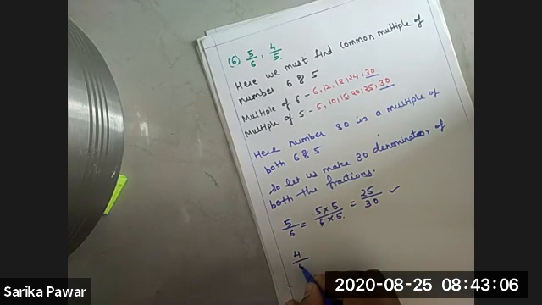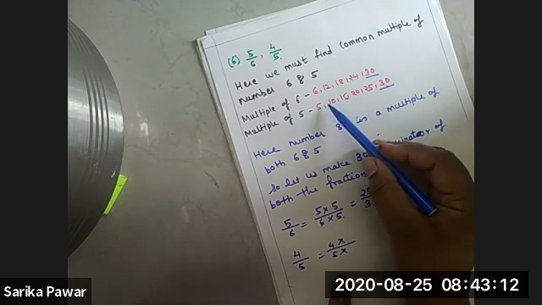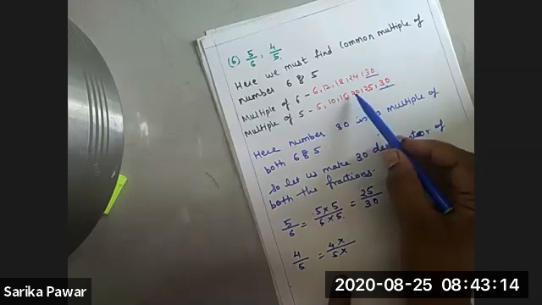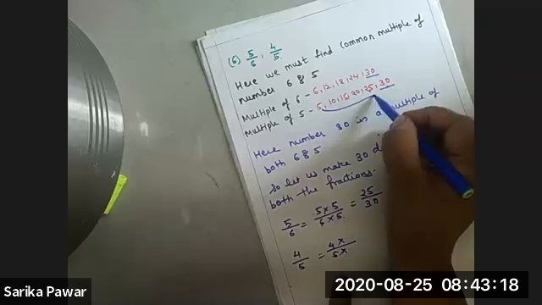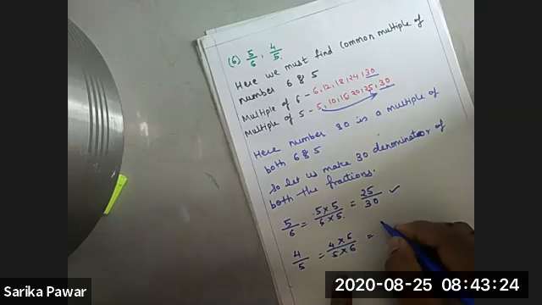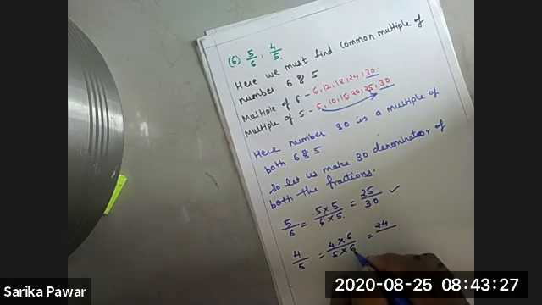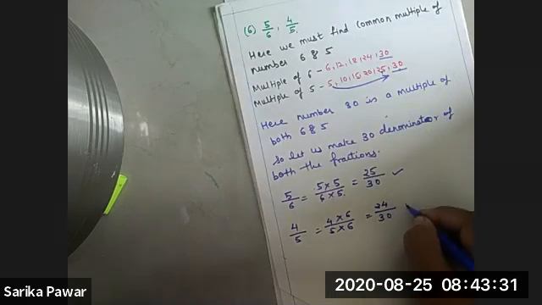Second one, 4 upon 5. Tell me here which number you will be multiplying? 5 4s are 20, 5 5s are 25, 5 6s are 30. So multiply by 6, here also multiply by 6. 6 4s are 24, 6 5s are 30. Okay.